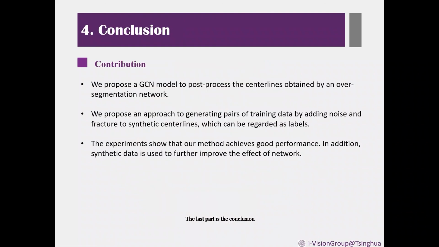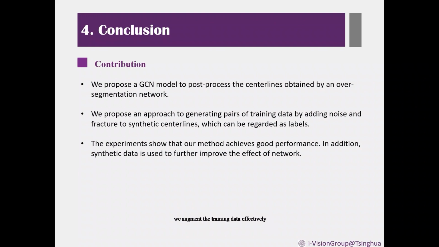The last part is the conclusion. The main contributions of this paper include three parts. Firstly, we propose a GCN model to post-process the centerlines obtained by an over-segmentation network. Secondly, we propose an approach to generating pairs of training data by adding noise and fracture to synthetic centerlines, which can be regarded as labels.